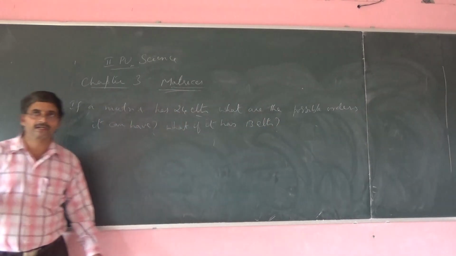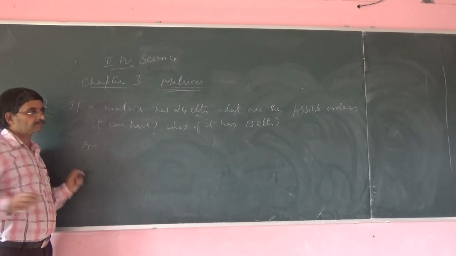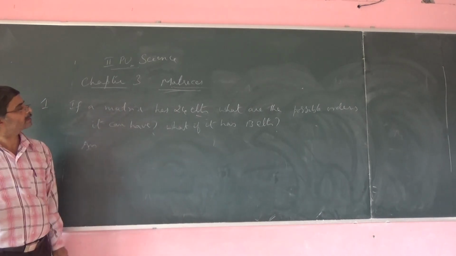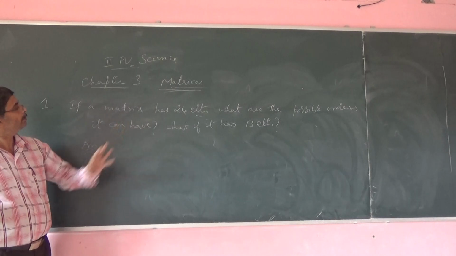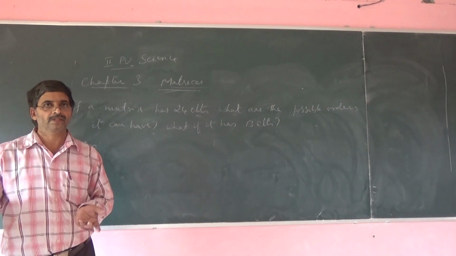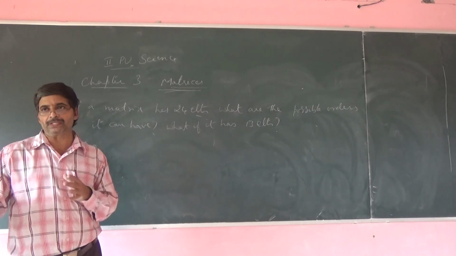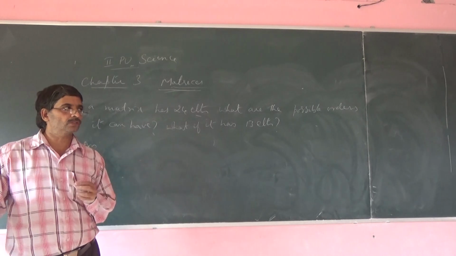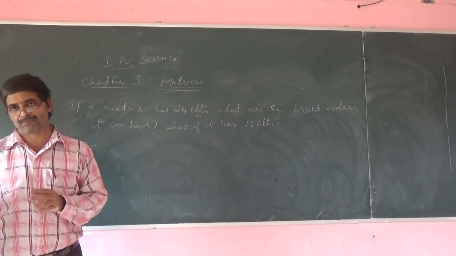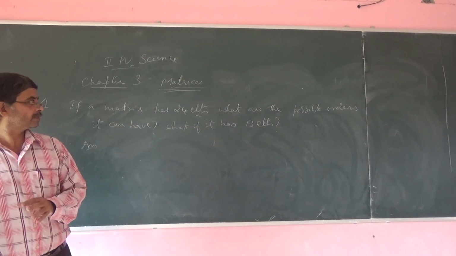So what is the answer? Now you have to observe that if a matrix has m rows and n columns, then it will have m into n elements. We have observed already: 2 rows, 3 columns, so there will be 6 elements; 3 rows, 3 columns, there will be 9 elements.